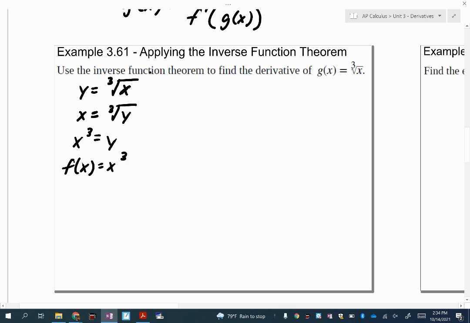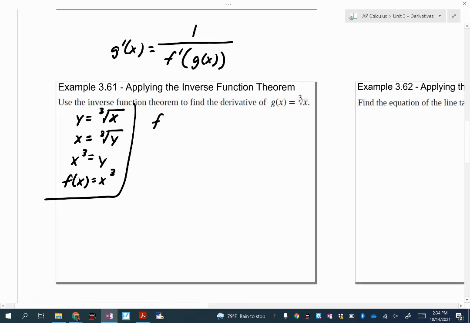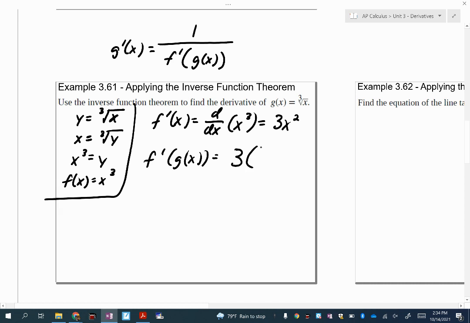All right, now, that's kind of like the first step. The next step is to find the derivative of our f of x function. So d dx of x cubed, which is just 3x squared. All right, again, I'm going to find this first, and then I'll do 1 over everything at the end. So I'm going to plug in. So f prime of g of x is 3 times the cube root of x squared.